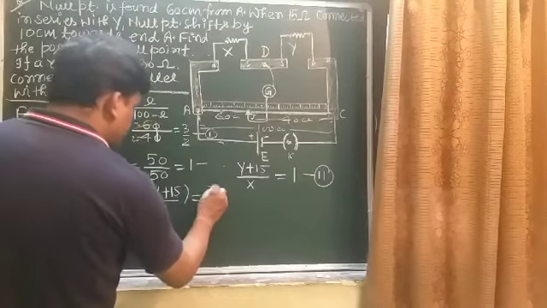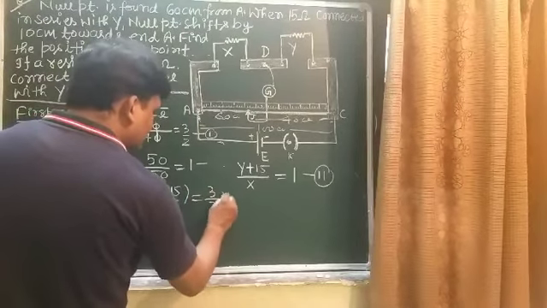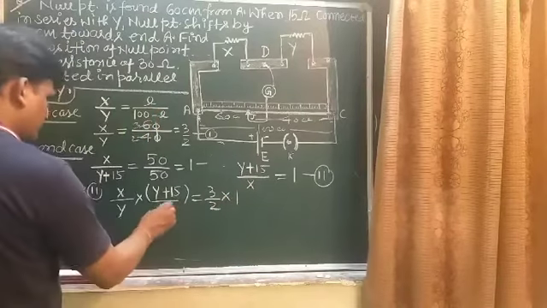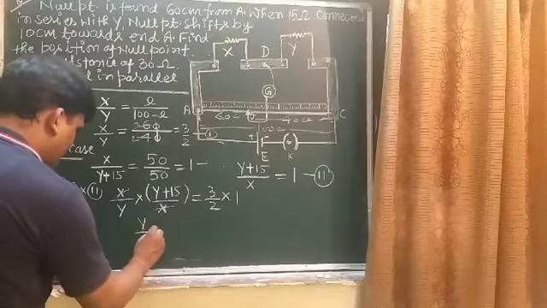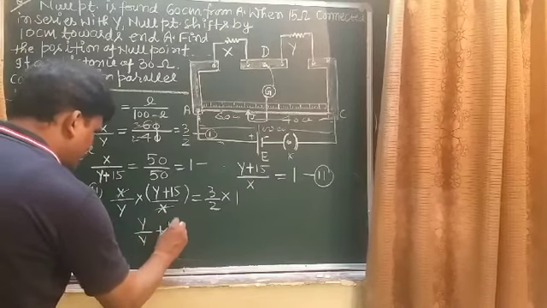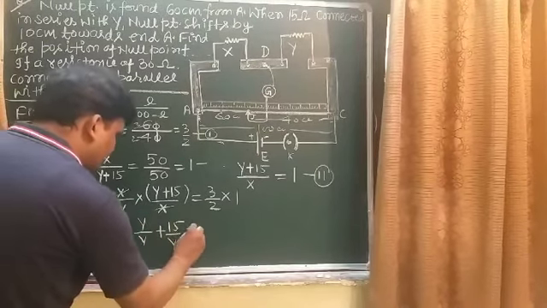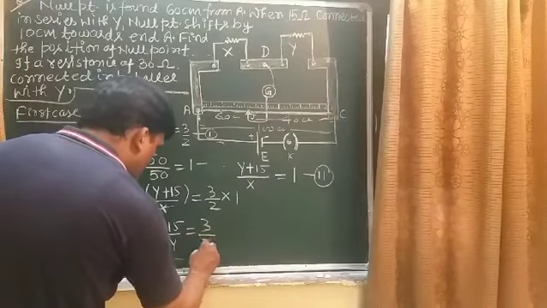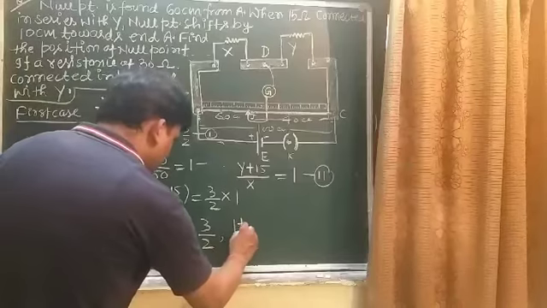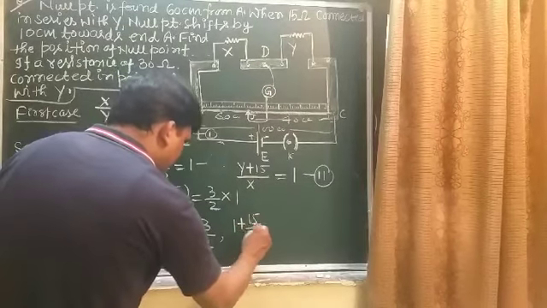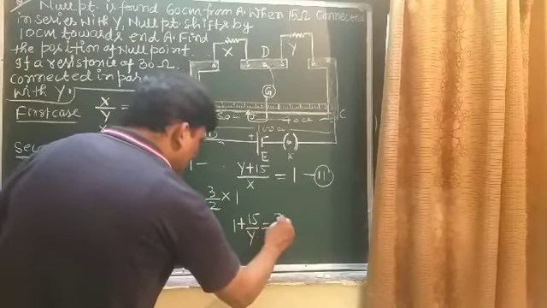Left hand side is 3 by 2, and right hand side is 1. So x cancels and separates. It means y by y plus 15 by y comes out to be 3 by 2. So y by y is 1, plus 15 by y, which is equal to 3 by 2.